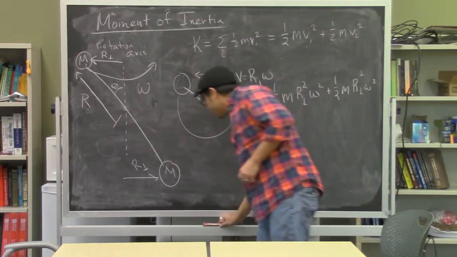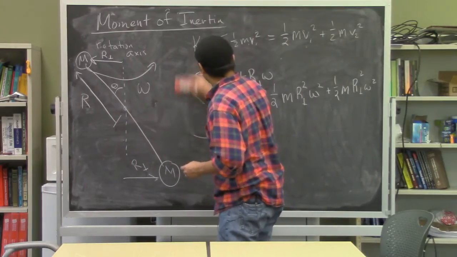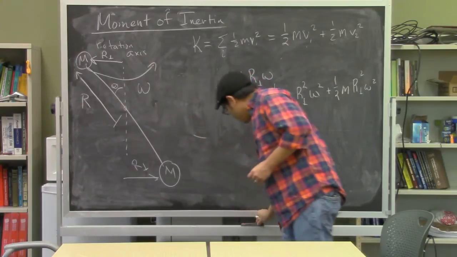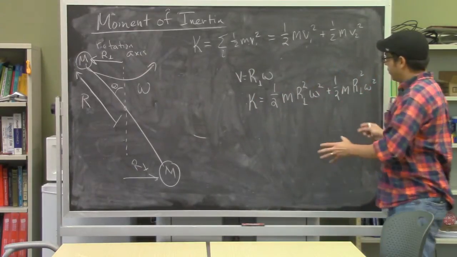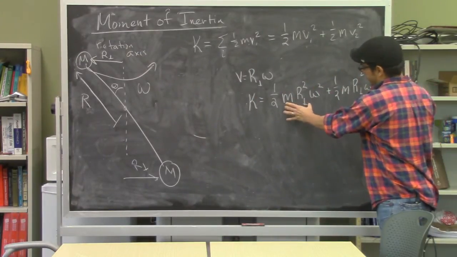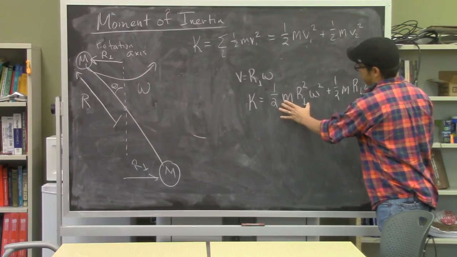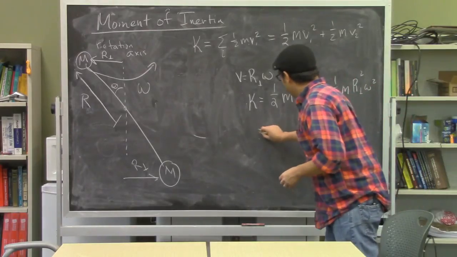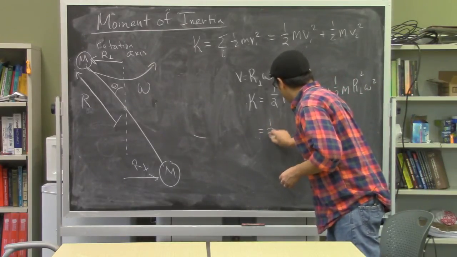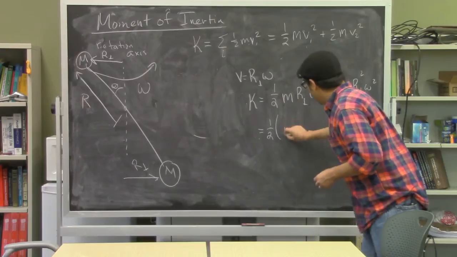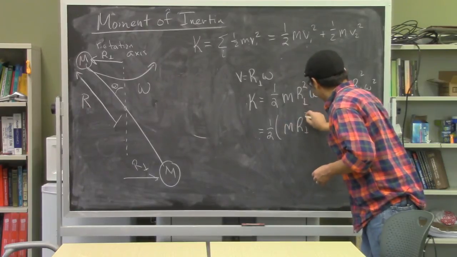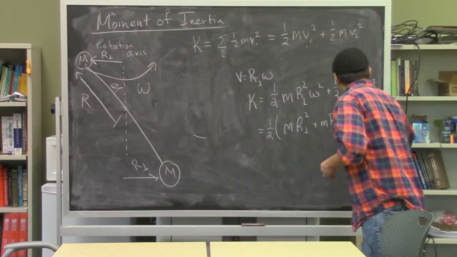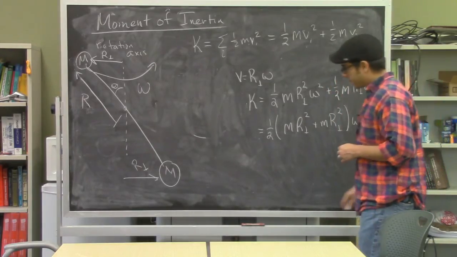So I'm going to get rid of this here in the middle for a moment because we're going to work with this other equation for a bit. We're going to clean this up a little bit. We know that all of these components of the kinetic energy share a common m r perpendicular squared. So we're going to group these terms together, and we end up with 1/2 times (m r perpendicular squared plus m r perpendicular squared) times omega squared.